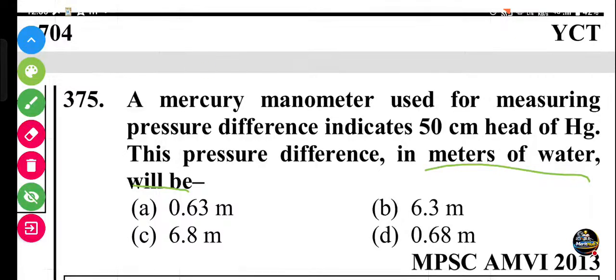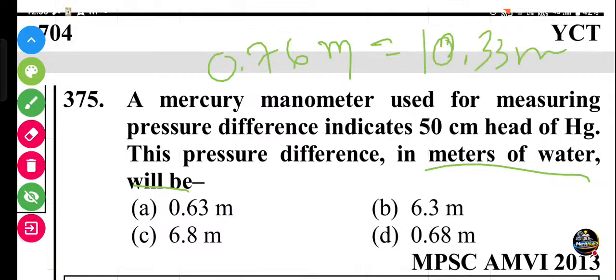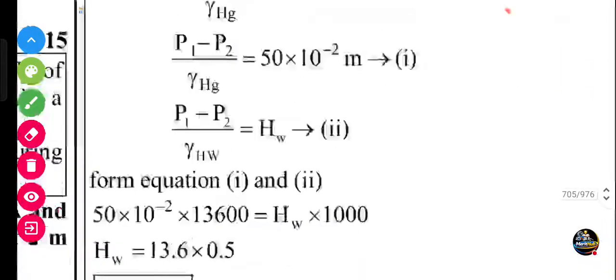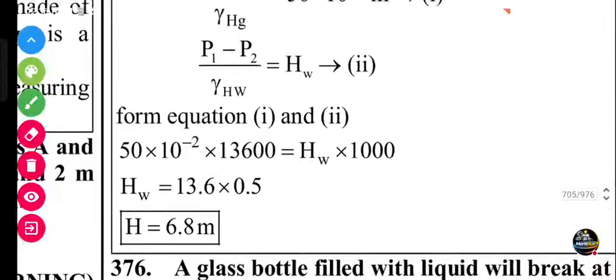So 0.76 meter of mercury equals 10.33 meter of H2O. 1 equals 10.33 divided by 0.76, into 0.5. Then you can get the answer. Answer is 6.8.